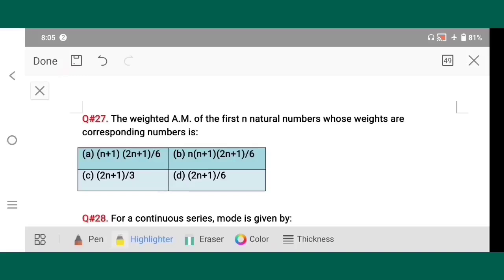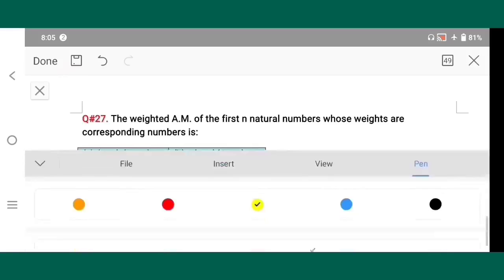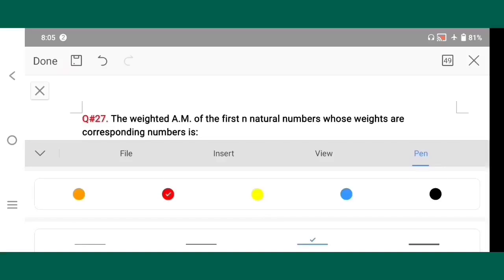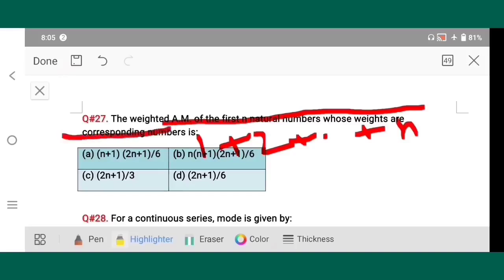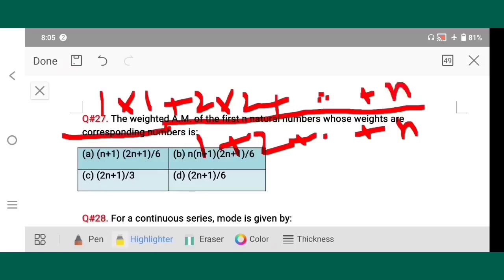As we know that we have n natural numbers, so we have 1 plus 2 plus up to n observations, that is its sum in the denominator, and in the numerator we have first n natural numbers and whose weights are corresponding numbers, that is 1 times 1 plus 2 times 2 plus up to n times n.